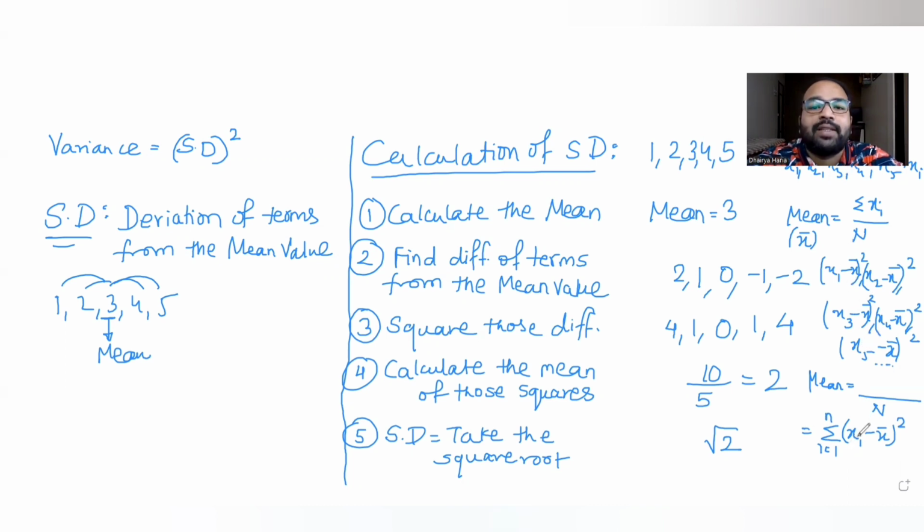So you can use any term from 1 to n, and divide by n, because n is the total number of terms I have. And after that, for the standard deviation, I just have to take the square root of the previous thing. So if I want to find the standard deviation here, I'll just take the square root, and this gives me the standard deviation. So basically, if you understand it, I'll write it on the next page.